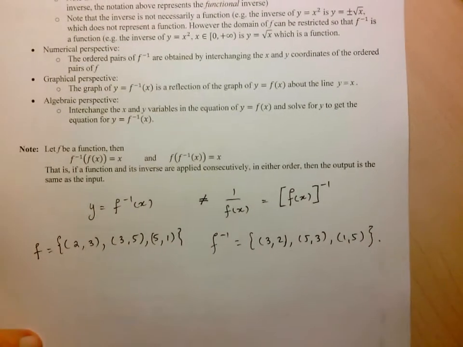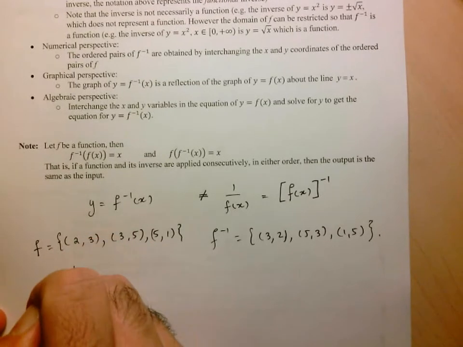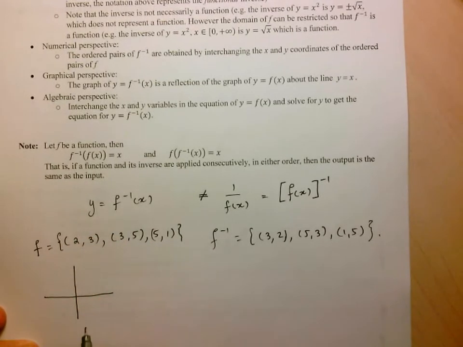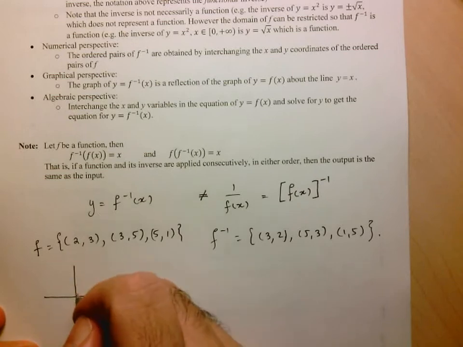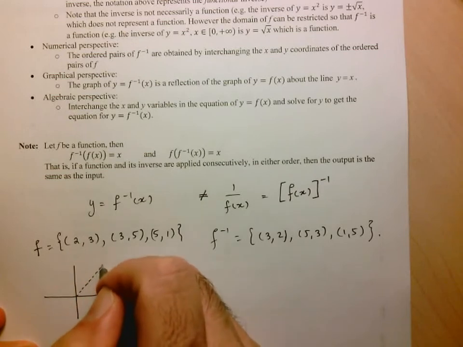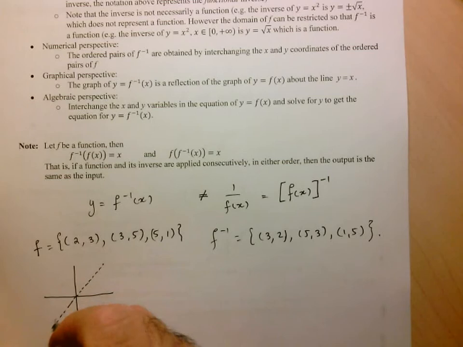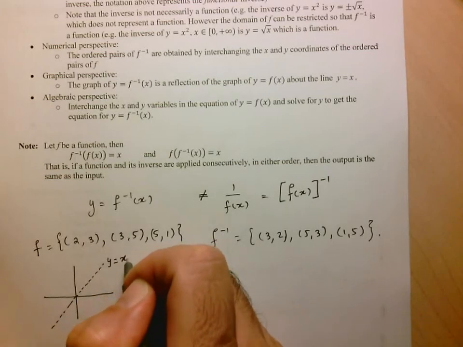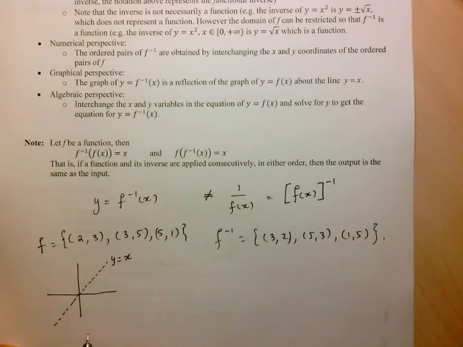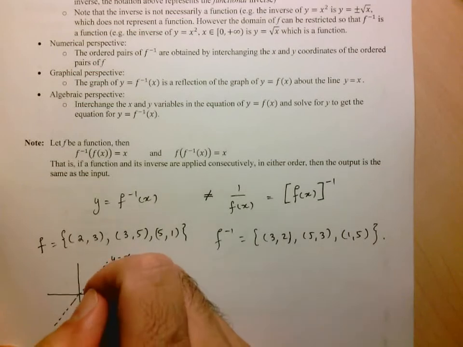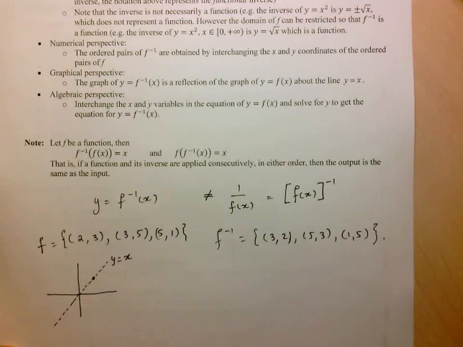From the graphical perspective, if you're interchanging the x's and the y's, one thing you realize is that anything along the line y equals x will not change, because if the x and y values are the same, it won't change by interchanging the x and y components of your points.